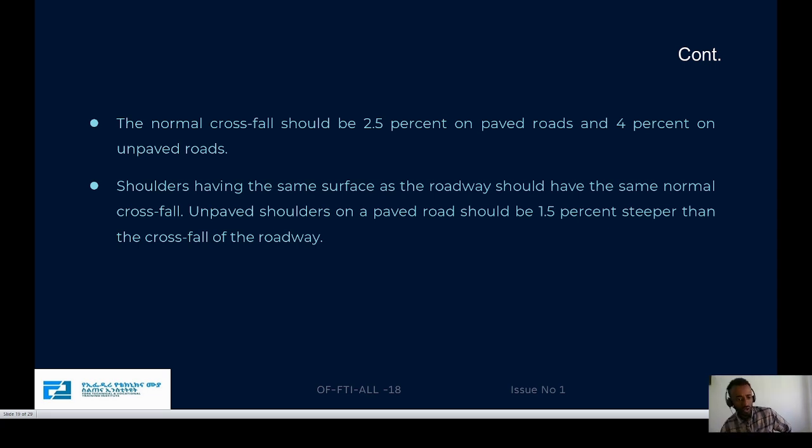The normal cross fall of 2.5% is recommended for paved surfaces, bituminous or rigid asphalt, and 4% is for unpaved, mostly gravel roads. Shoulders should have the same normal cross fall as the roadway, and unpaved shoulders will be increased by 1.5% steeper than the cross fall provided for paved roads.